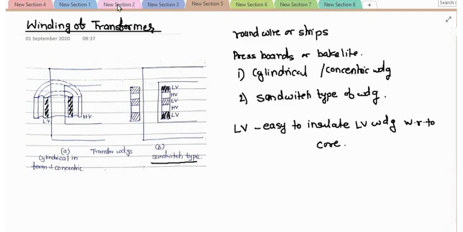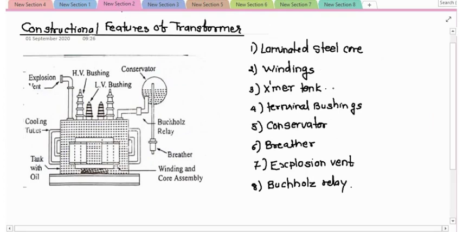Then the third important part of your transformer is nothing but the transformer tank. If the size of the transformer is small, then there is no necessity of the transformer tank. But as the size increases, the whole assembly of the magnetic core and the winding is placed in a fabricated sheet metal tank. And that assembly is immersed in the oil which is placed in the tank.